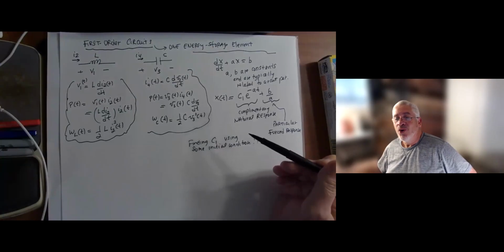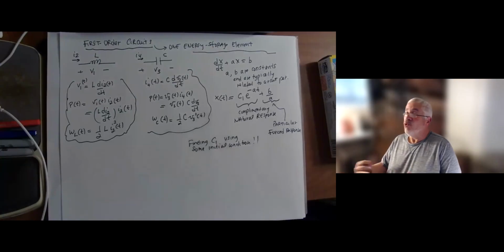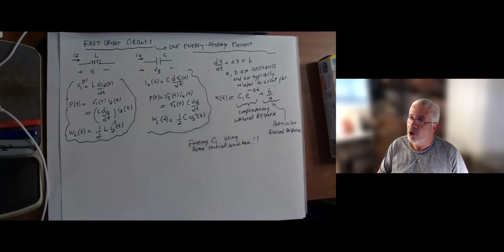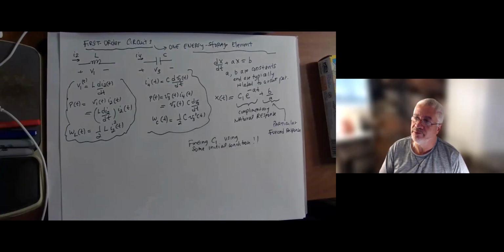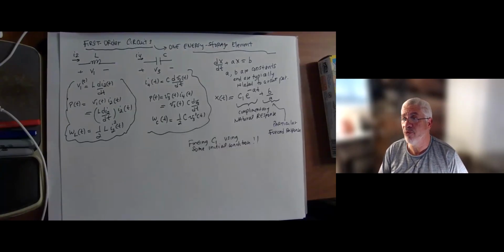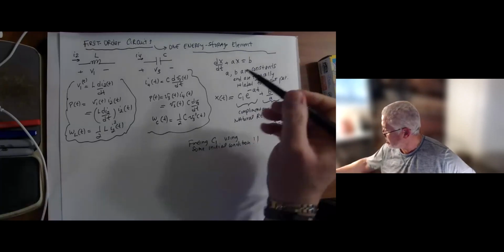Okay, so in circuits, unless you had a very good differential equation instructor that tried to bring the content into some practical applications, often, at least when I was in my Math 45 differential equation course, we were given an initial condition and asked to solve for this differential equation.